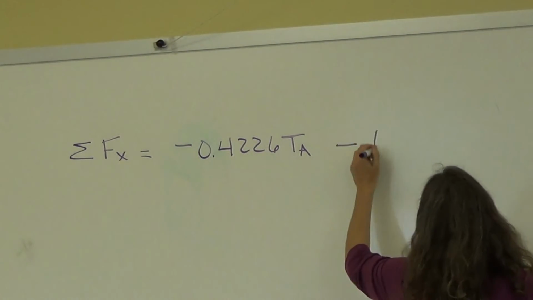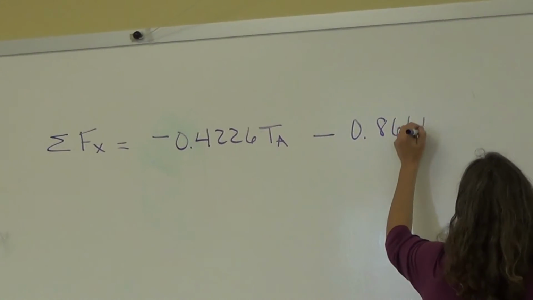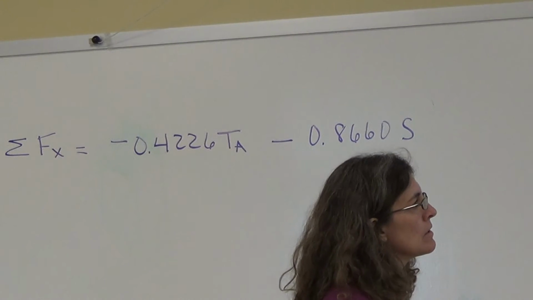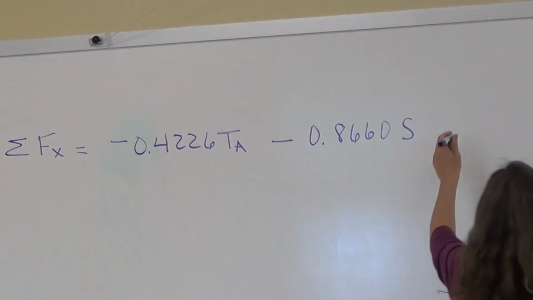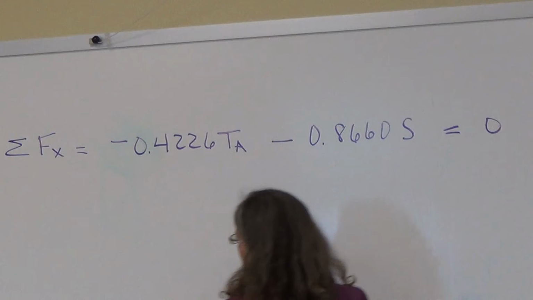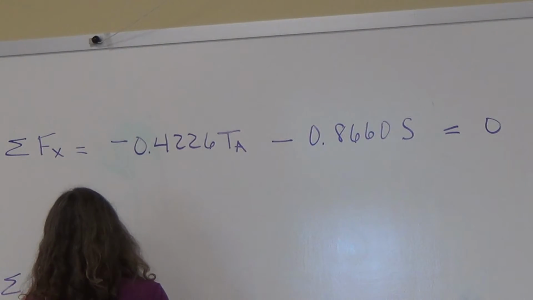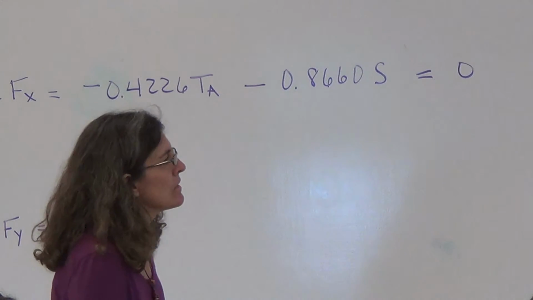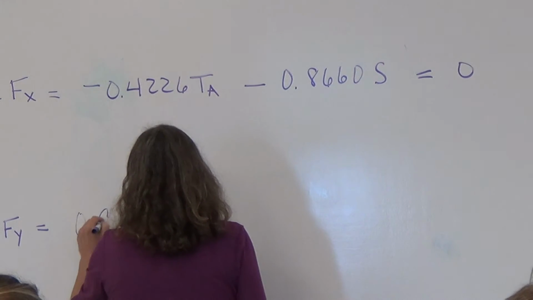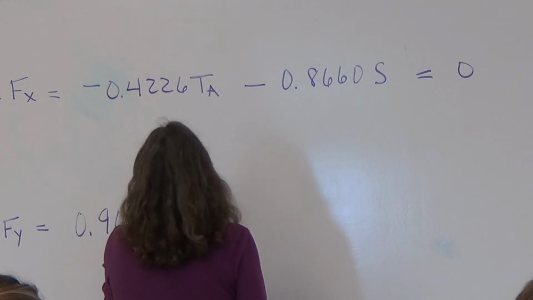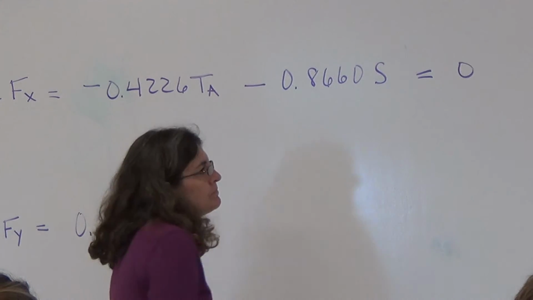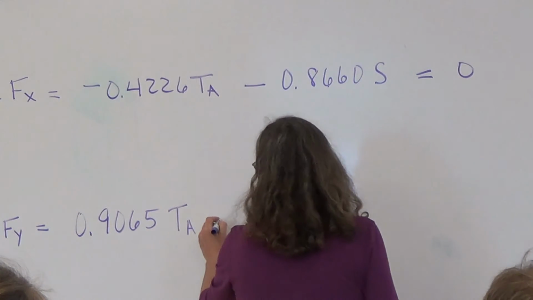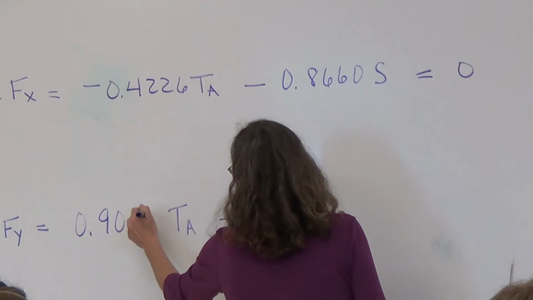Minus 0.8660 S, equals 0. Sum of the forces in the Y: 0.9063 TA.